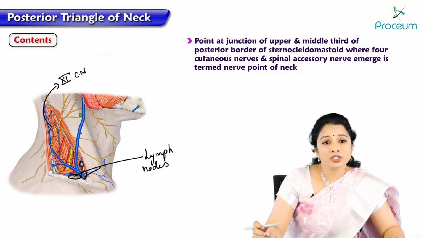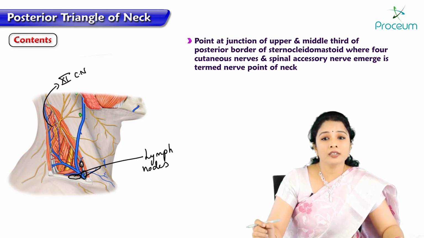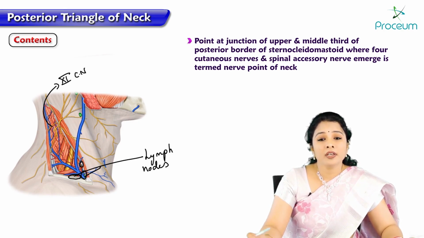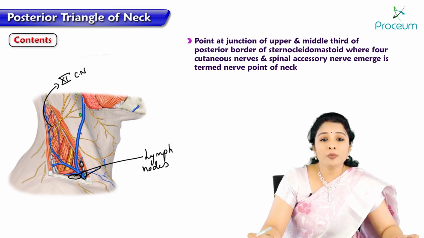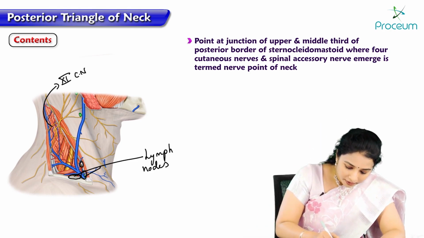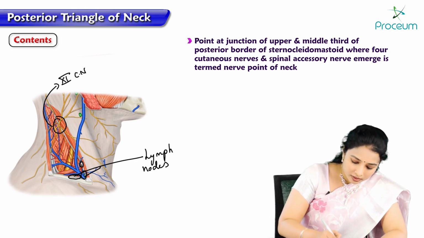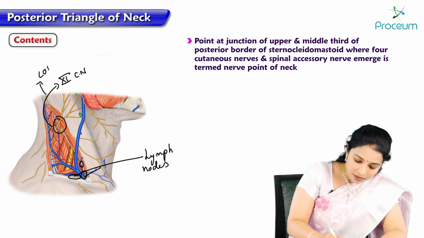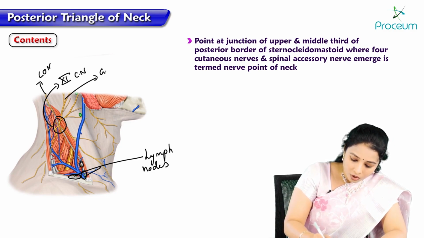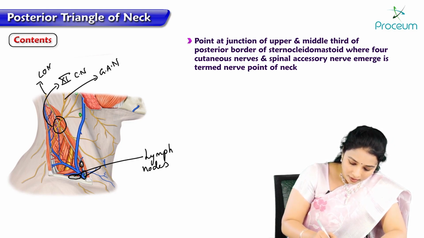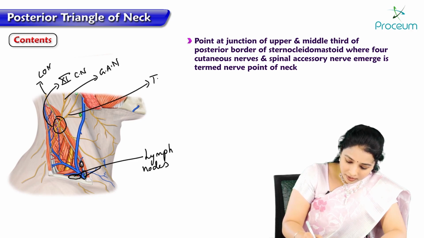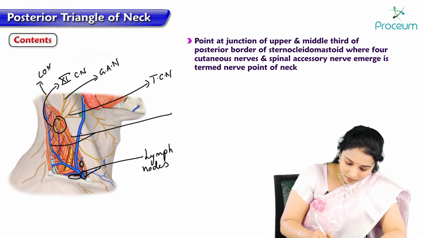So the point at the junction of upper and middle third of posterior border of sternocleidomastoid, where 4 cutaneous nerves and spinal accessory nerve emerge, is termed the nerve point of the neck. So at this point we can see the several cutaneous nerves, that is, this is lesser occipital nerve, this is greater auricular nerve, and we can see the transverse cervical nerve, and we can also appreciate supraclavicular nerves.